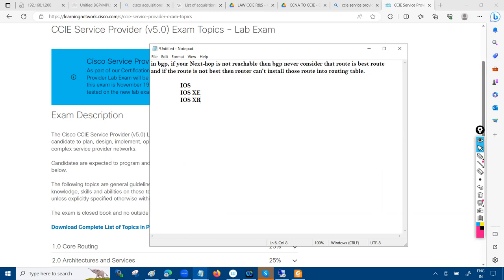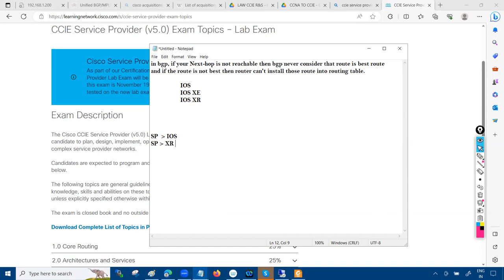I have seen that multiple people who teach service provider only discuss the IOS part, most of the commands on IOS, or else only XR. It's not like that here. For example, on a topology, we are going to discuss IOS and IOS XR as well.